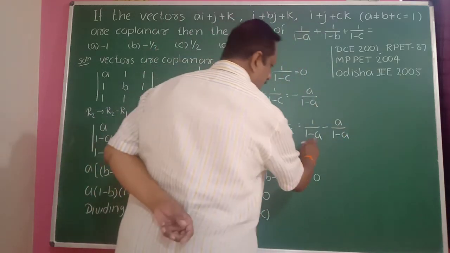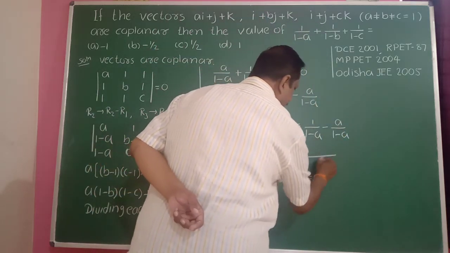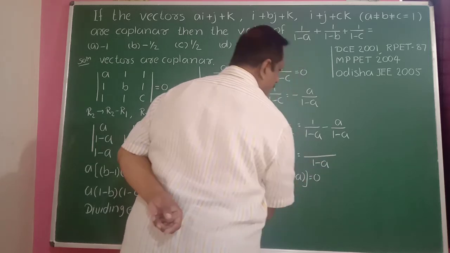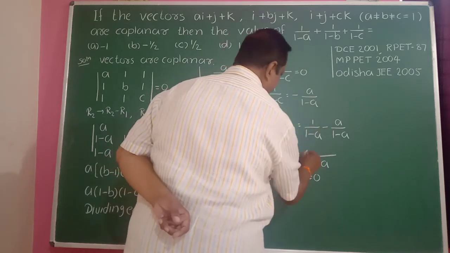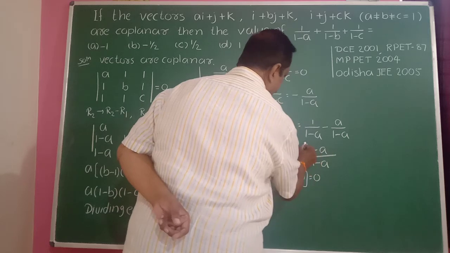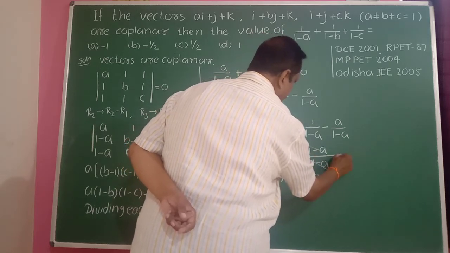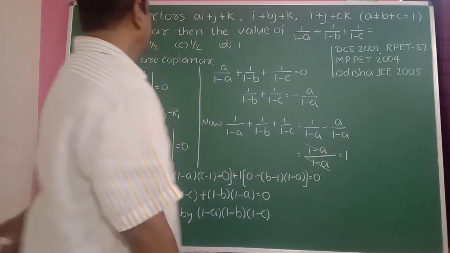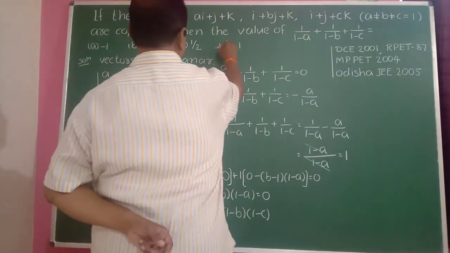Then (1 minus A) is the LCM. The numerator (1 minus A) and (1 minus A) get cancelled. Remaining is 1. Therefore D is the answer.